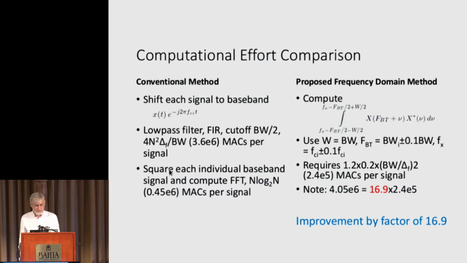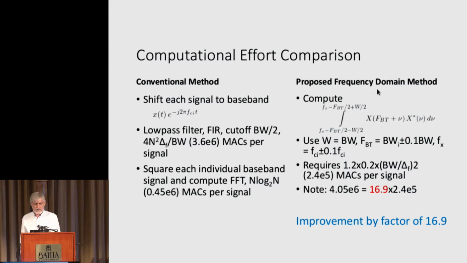And then you have to square each of the signals, compute the FFT, and for each signal again, with an effort of about n times log 2n. And of course, there might be some multiplicative factor in front of that n times log 2n. But I estimated it to be about 0.45 times 10 to the 6. So altogether, if I take the 3.6 and the 0.45, I get about 4 million MACs per signal.